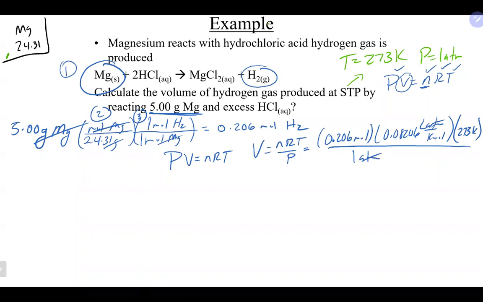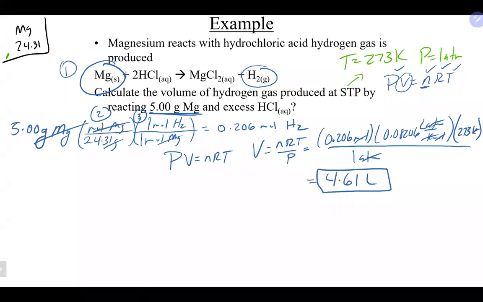Atmospheres cancel, moles cancel, Kelvin cancel, leaving us liters. 0.206 times 0.08206 times 273 gets us about 4.61 liters of hydrogen gas produced at STP.